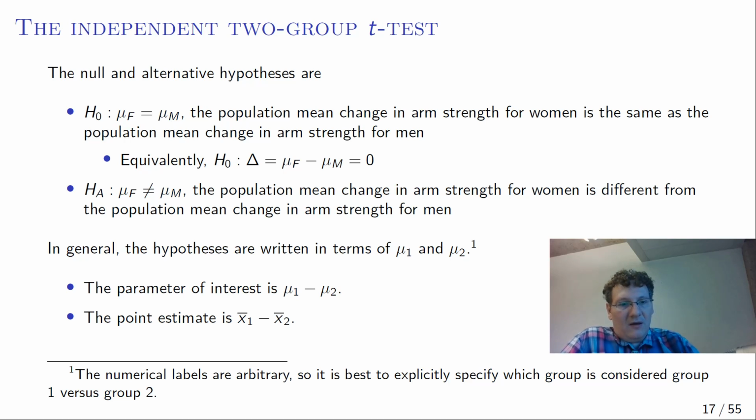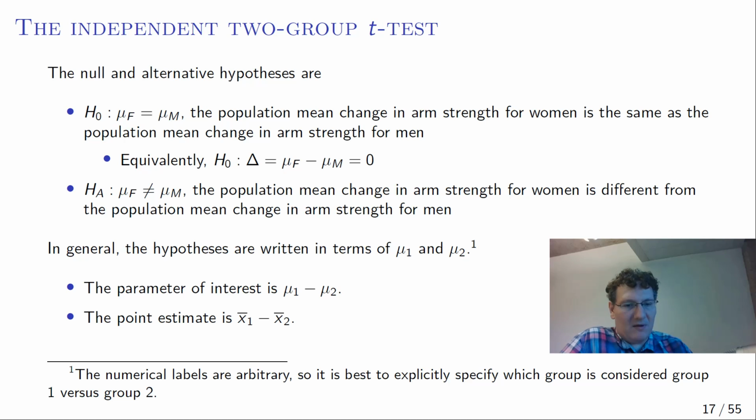And then the test statistic is going to be based on the difference of the sample means. And so that's why typically, or oftentimes, you'll see the two parameters on one side of the equation, like mu F minus mu M. Okay, so we're interested in testing something about mu1 minus mu2 here, or mu F minus mu M in this particular case.